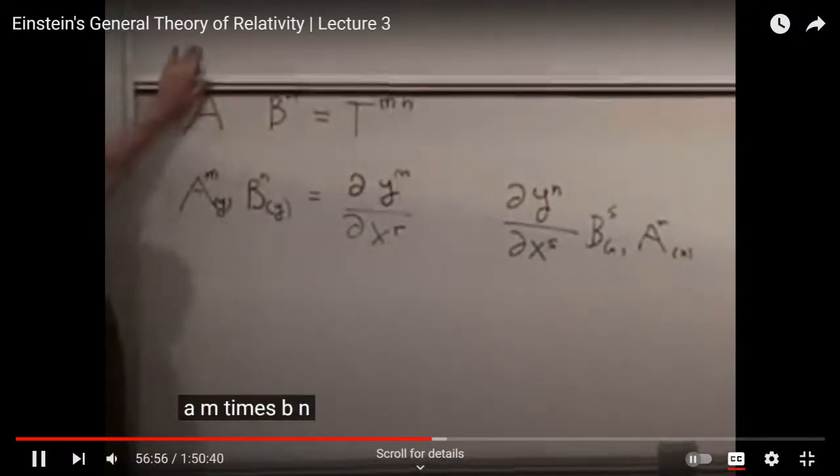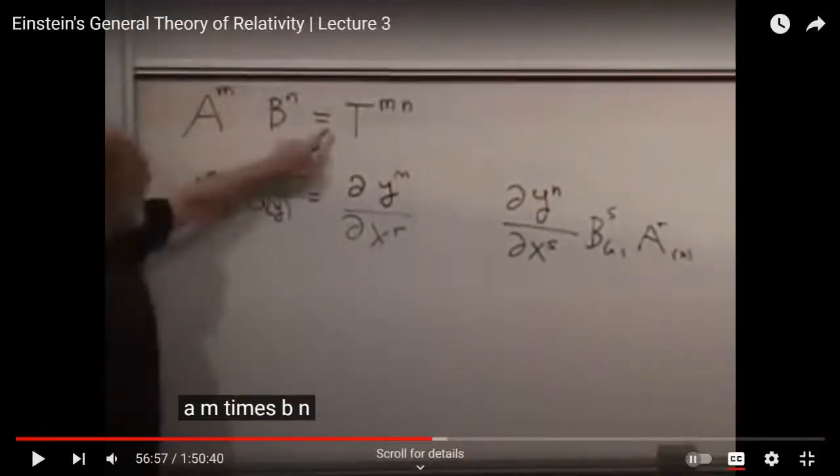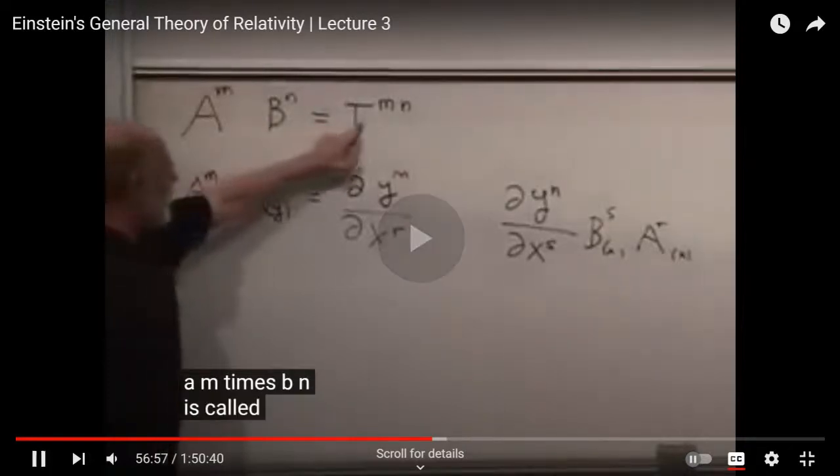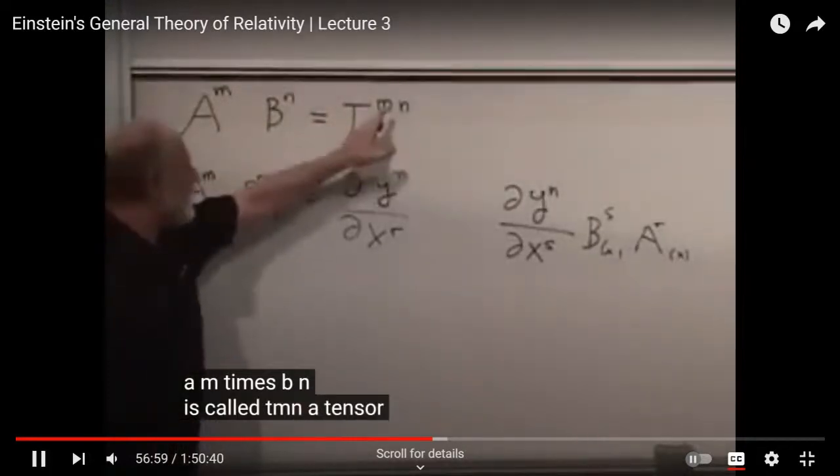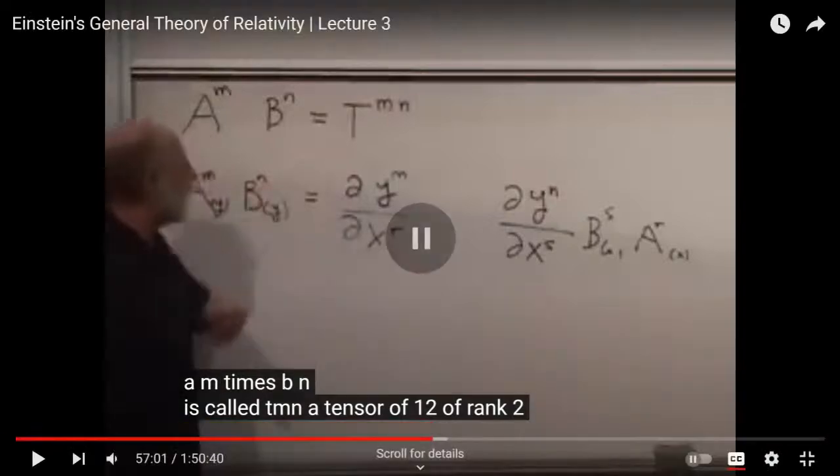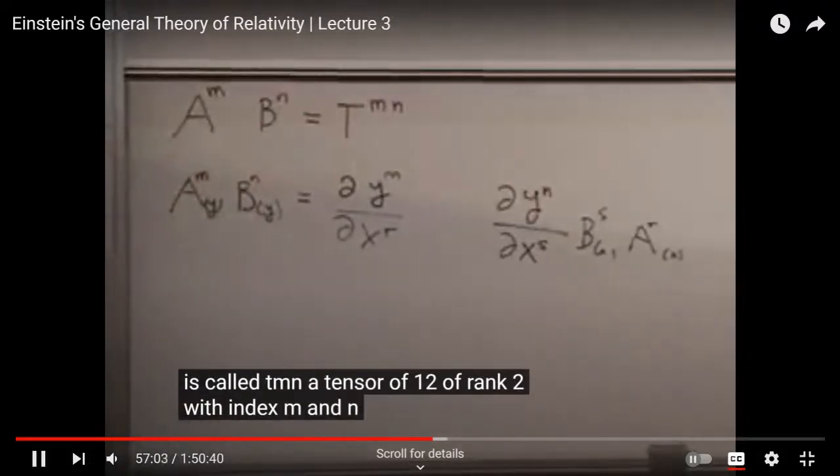Am times Bn is called Tmn. Tmn is a tensor of rank 2, with index m and n.